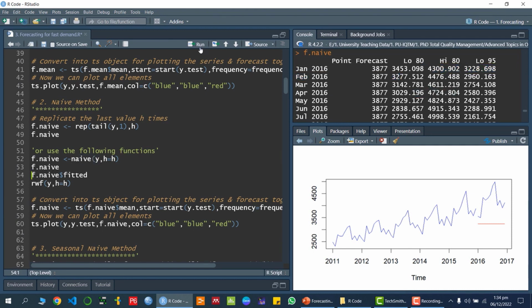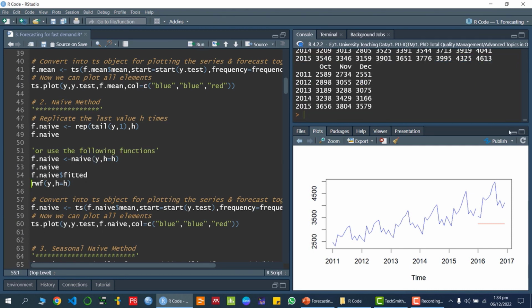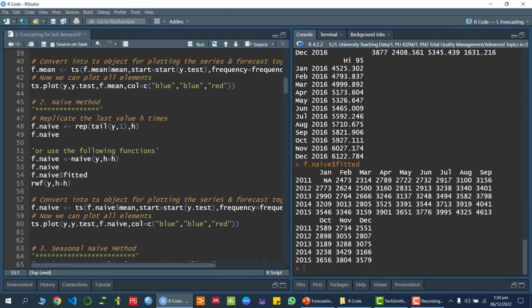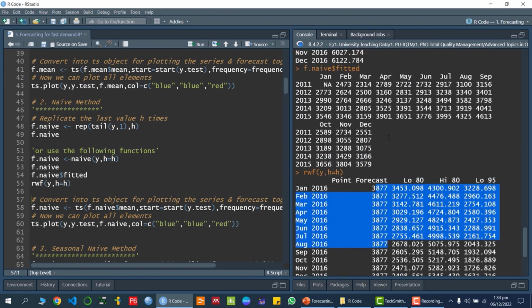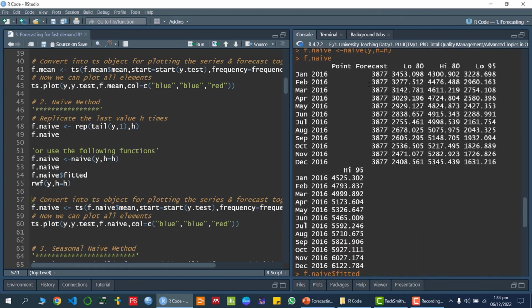In order to get the fitted values, I can run this particular command to get the within-sample forecasted values. You can also get the Naïve forecast values with the help of the function rwf, which gives us the same forecasted values as we got previously.